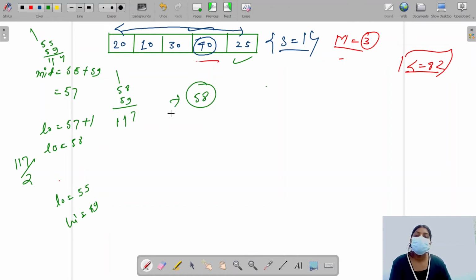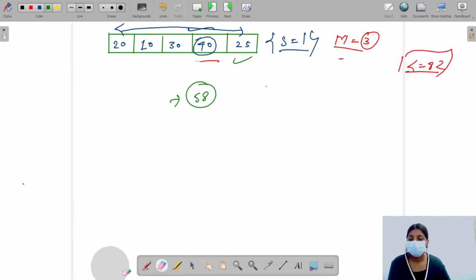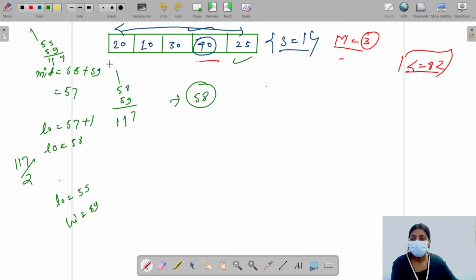Is it possible to divide them with 58? No, it's not possible. Let's see how. My low was 58, my high was 59.